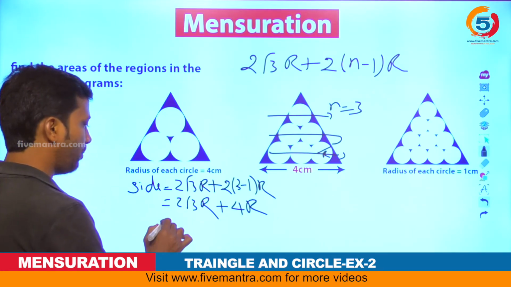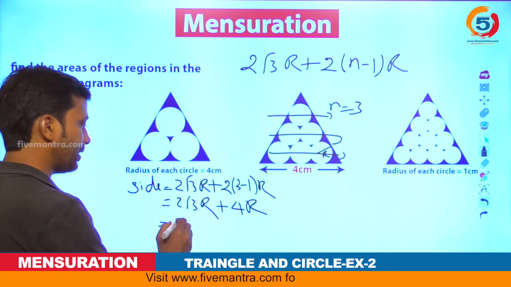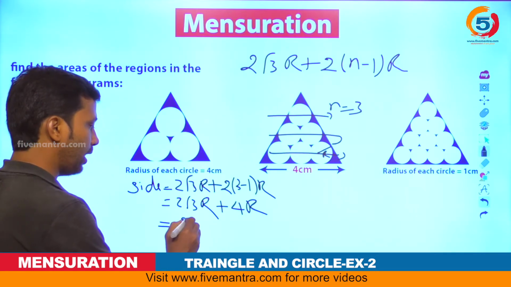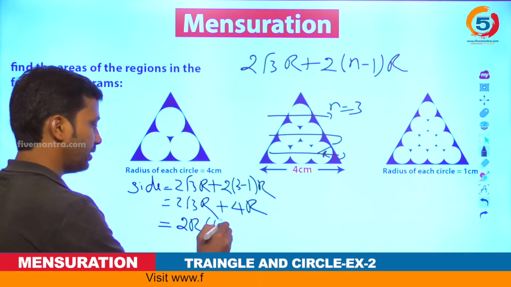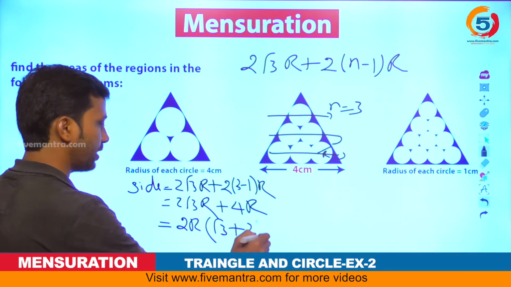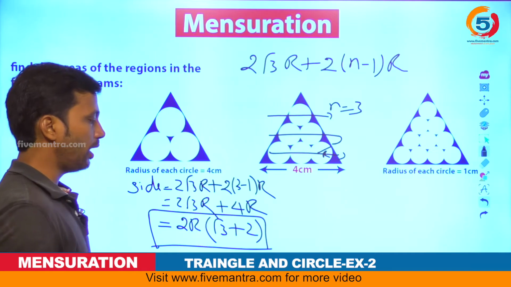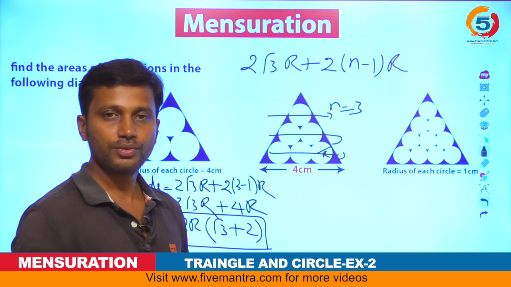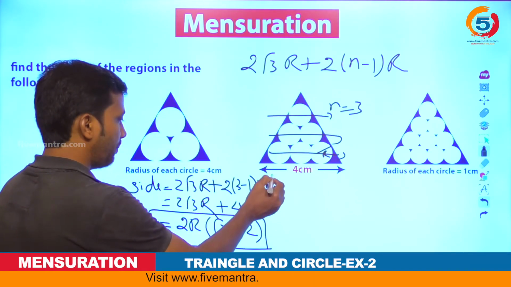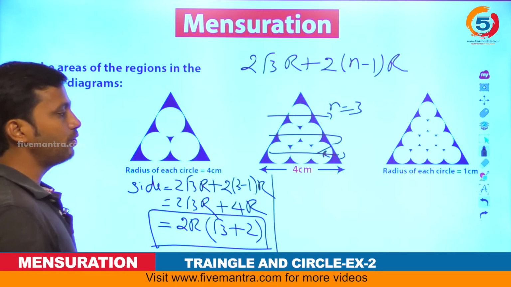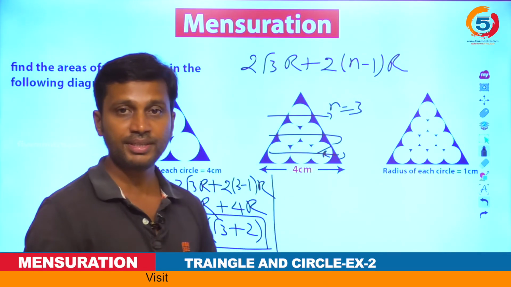Now we can take common 2 from this. What is the result then? 2 into R, then here root 3 is left and here 2 is left inside the bracket. So finally, what is the side? 2R into root 3 plus 2. But we are given the value of the side as 4 centimeters.